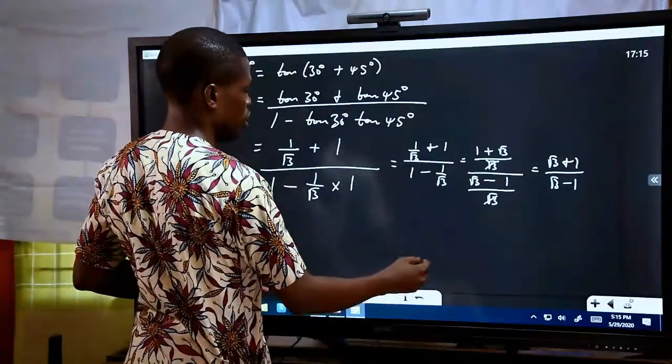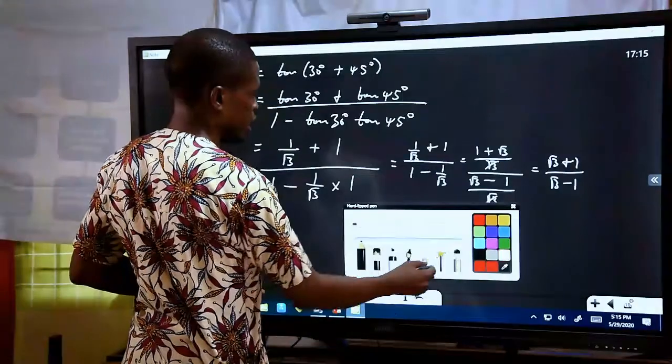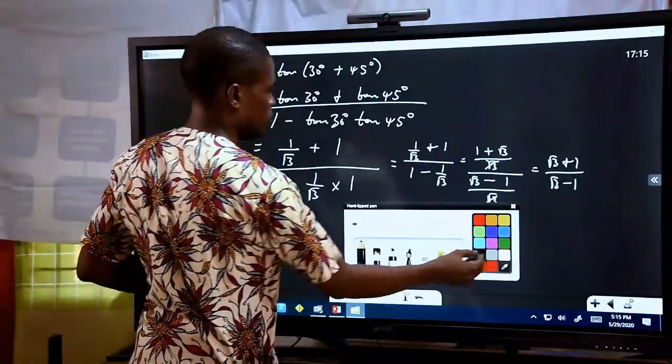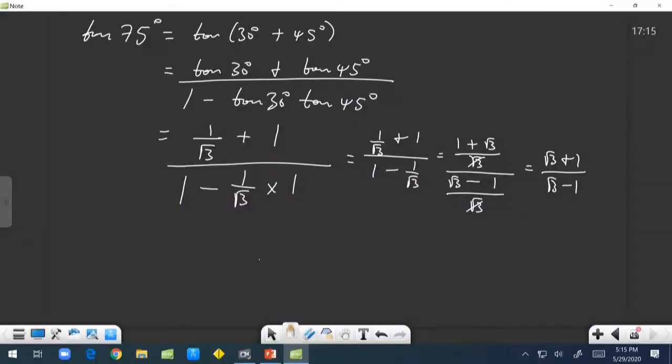So if we do it the other way around, the answer will come through the other means. We have root 3 plus 1 over root 3 minus 1. What you do is you change this sign to plus. So we have times root 3 plus 1 over root 3 plus 1, because that is the conjugate of the denominator.